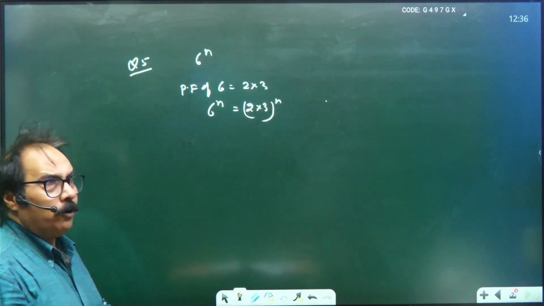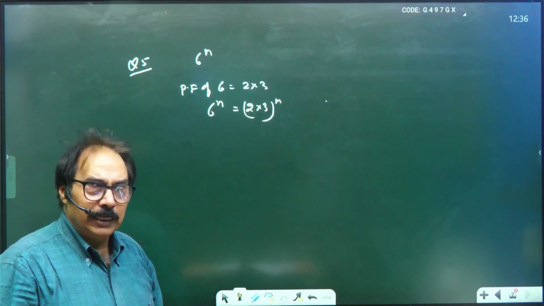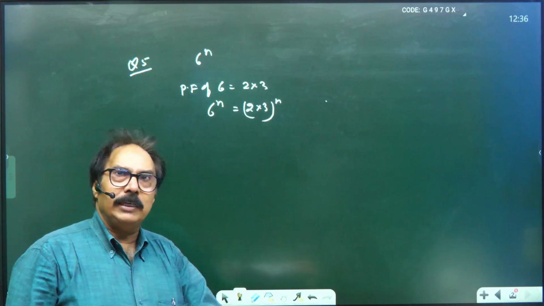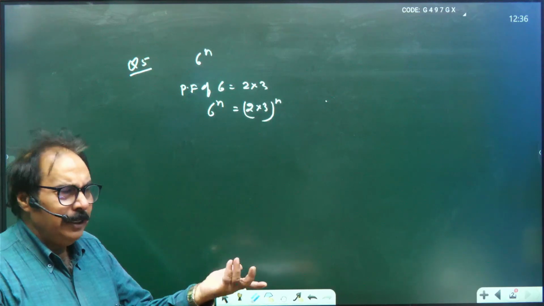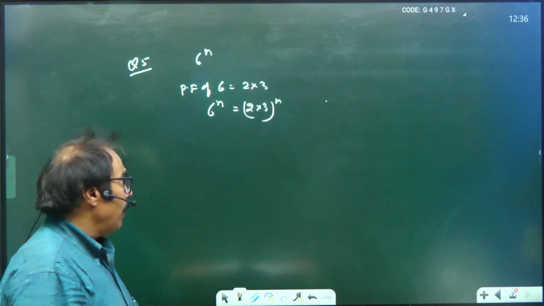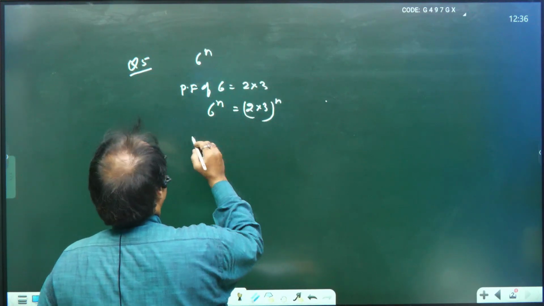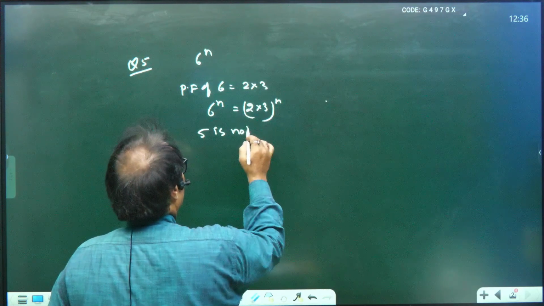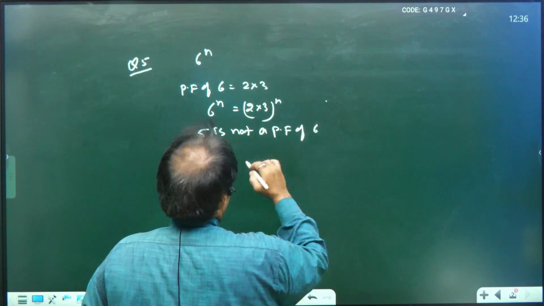So now what we are observing: 2 is there, but 5 is not a prime factor of 6, right? So no number ends with the digit 0, whatever n is, any natural number, right? So here we will write: 5 is not a prime factor of 6.